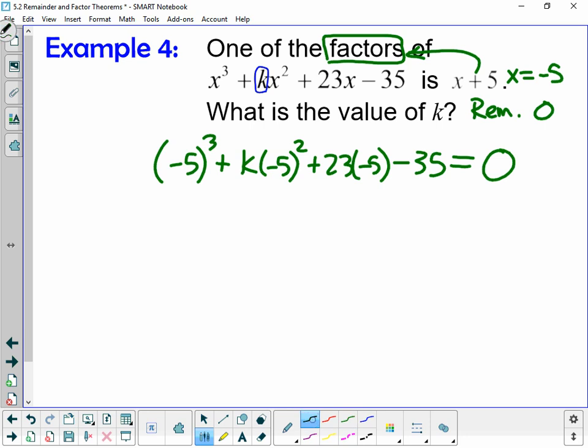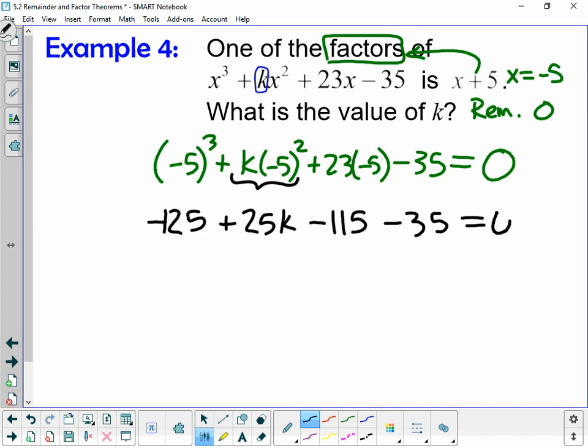So let's simplify and clean this up a little bit. -5 to the third is -125. This term is 25k. The k is not being squared, only the -5 is being squared. 23 times -5 is -115. And we, again, know that's equal to 0.